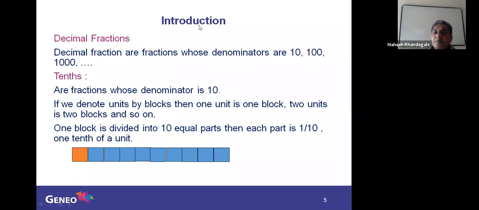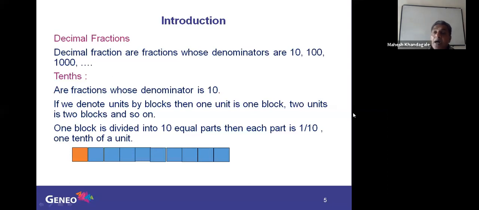So now, you know what is a decimal fraction, right? So decimal fractions are fractions whose denominators are either 10, 100, or 1000. A simple fraction, which you all know, a fraction is what? It is a part of a whole.